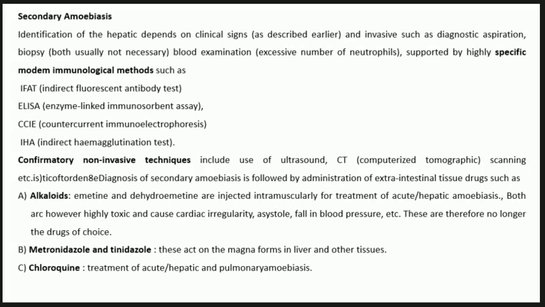So you do the electrophoresis and you may see precipitin lines. If precipitin lines come up, then it's a positive test. If nothing comes up, it's a negative test. Then indirect hemagglutination tests are there. So there are so many tests; these are specific modern immunological methods, and these are very effective and give you the proper result.